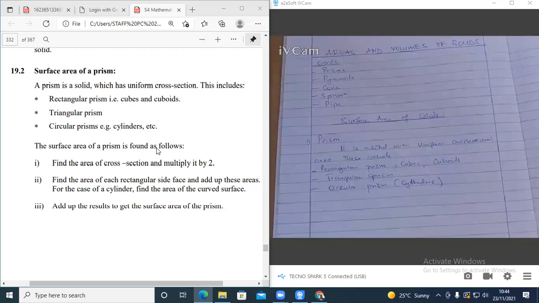For the case of a cylinder, find the area of the curved surface. Three, add up the results and get the surface area of the prism. Those three steps, we are going to do them one by one, and I'm going to show you what each one means.